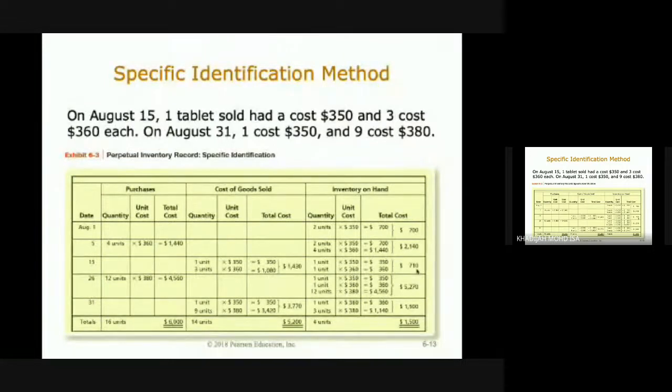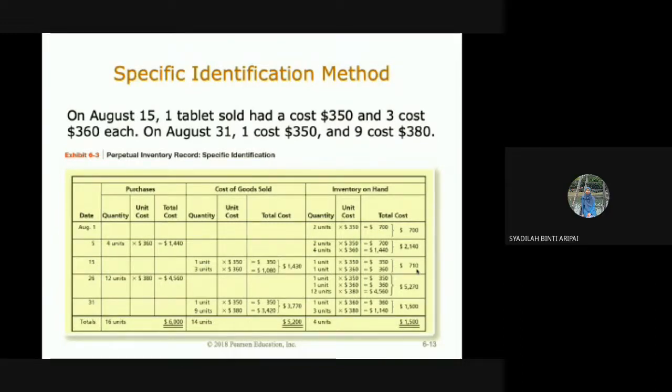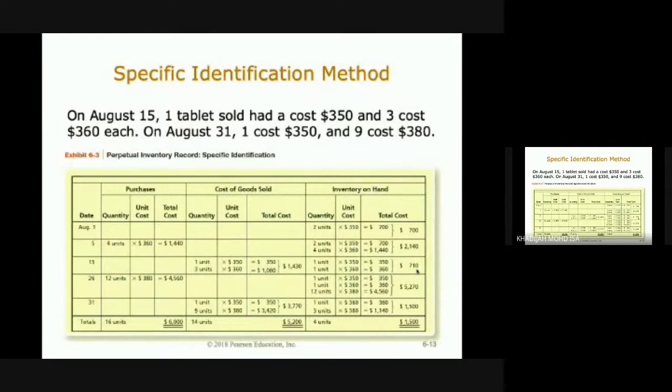When it comes to 31st of August, you sell 1 unit at 350. So do you have any more units at 350? No, no more. Why? Initially, you only have 1 unit, and now you sell 1 unit at 350, so there's no more inventory that costs you 350. But then you sell another 9 units that cost you 380. Initially you have 12 units of 380, so now you sell 9, 12 minus 9, you have a balance of 3 units at 380.